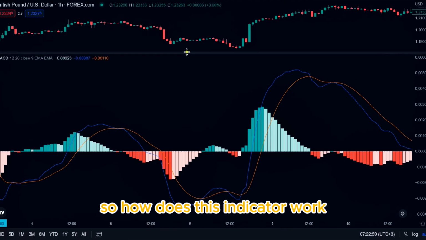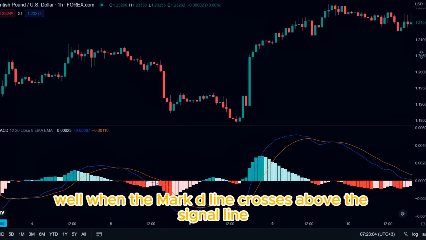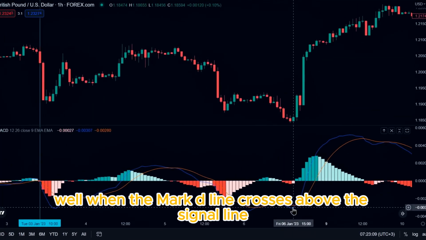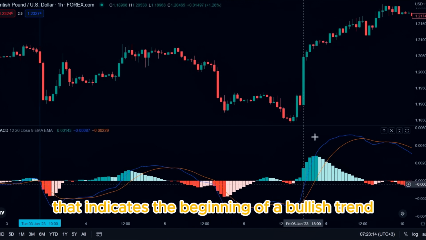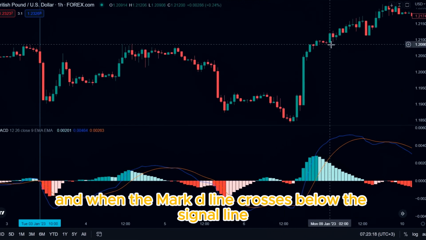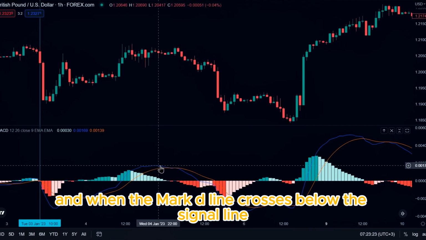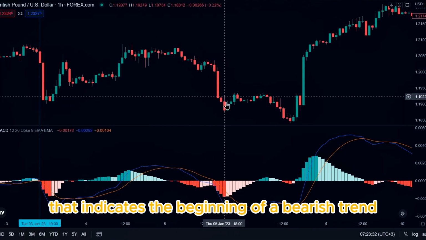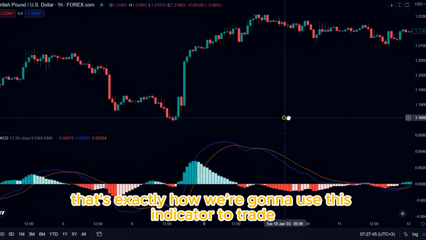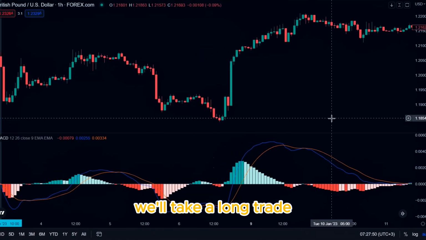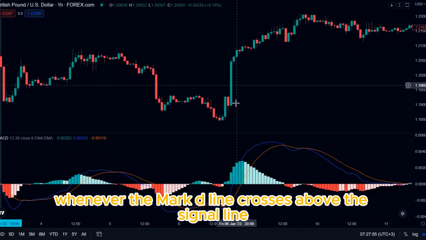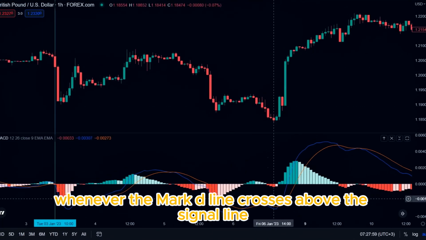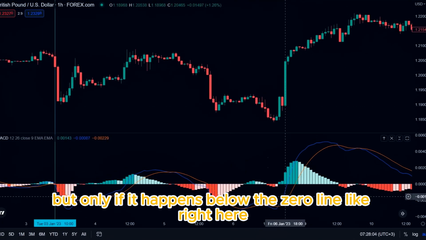So how does this indicator work? Well, when the MACD line crosses above the signal line, that indicates the beginning of a bullish trend, and when the MACD line crosses below the signal line, that indicates the beginning of a bearish trend. That's exactly how we're going to use this indicator to trade. We'll take a long trade whenever the MACD line crosses above the signal line, but only if it happens below the zero line, like right here.